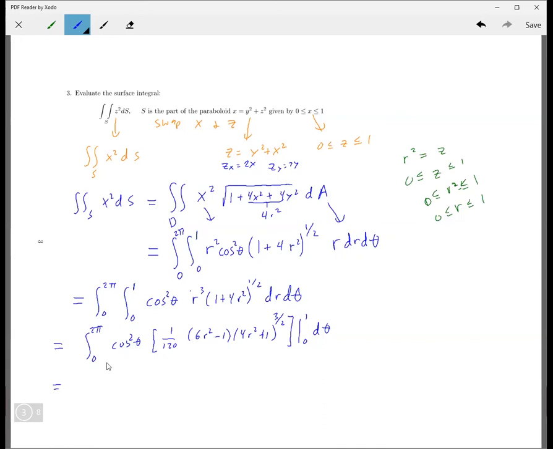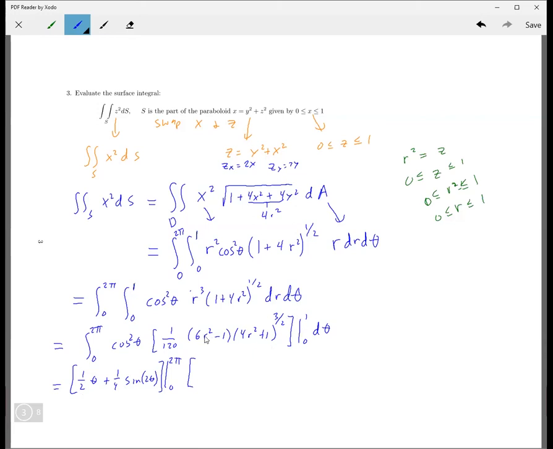So if I evaluate that, that's going to be 1/2 theta plus 1/4 sine of 2 theta. Okay, and so that's just this part here, the d theta, and that's going to go from 0 to 2 pi.